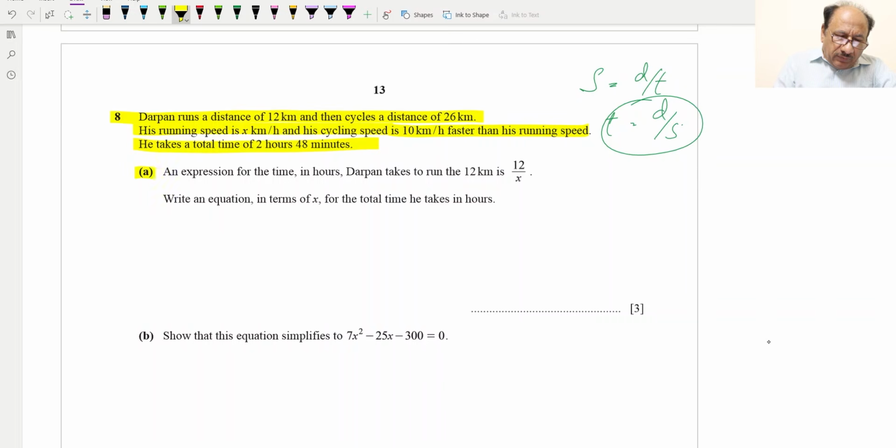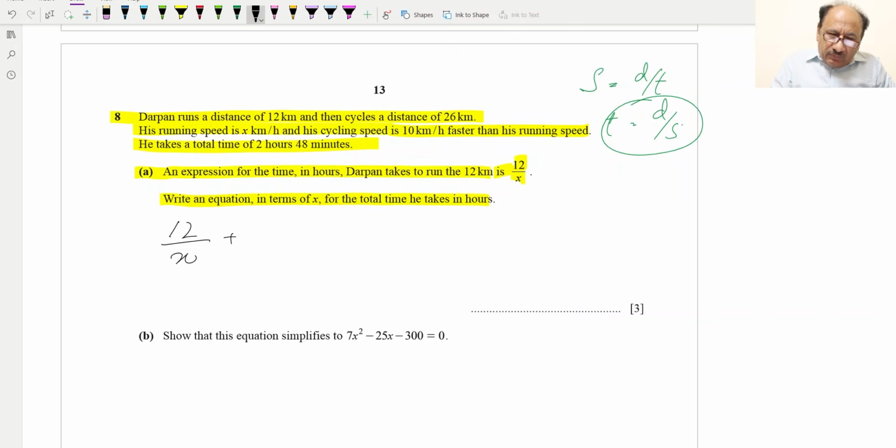So A part, an expression for the time in hours that he takes to run the 12 kilometers is 12 by x, right? And an equation in terms of x for the total time he takes in hours. So that will be 12 is the distance and this is the speed.